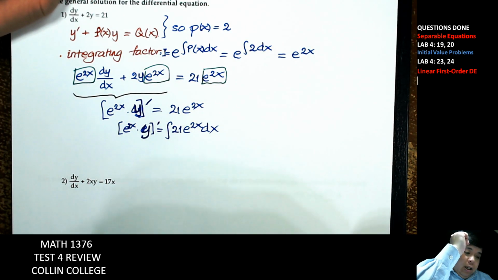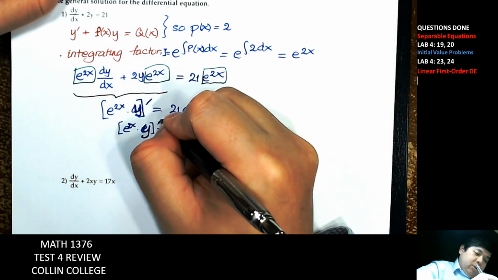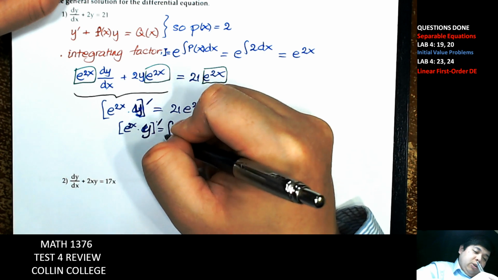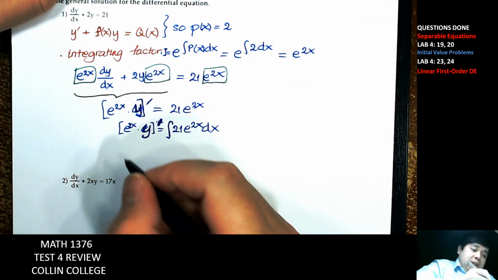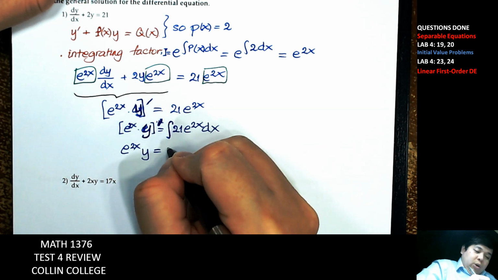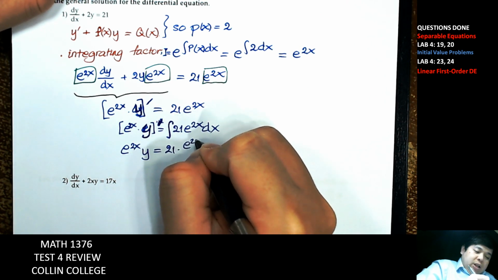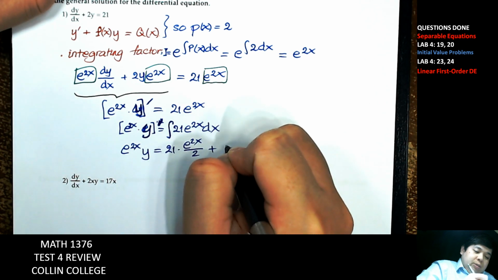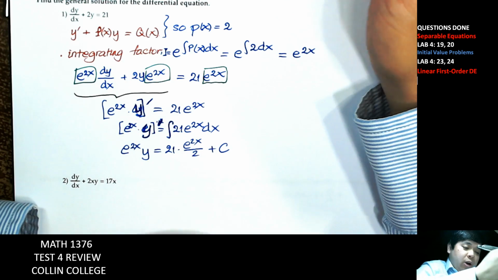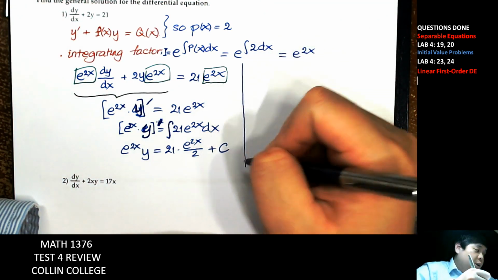Now there's no more derivative, we just have e to the 2x times y equal to the integral of this, 21 e to the 2x over 2, plus a constant c. And divide by e to the 2x on both sides. We should have it.